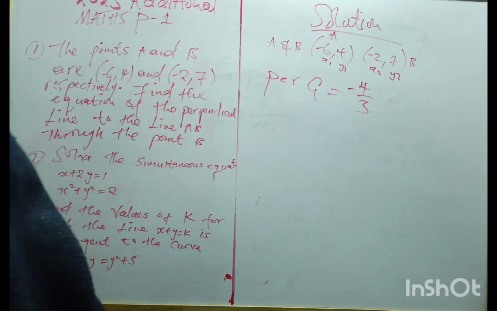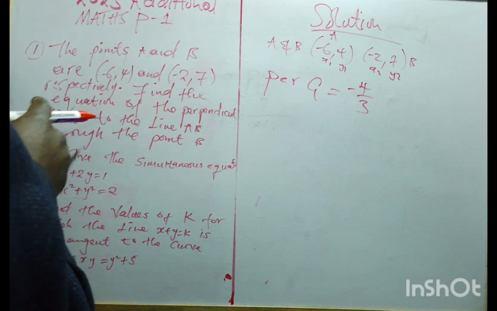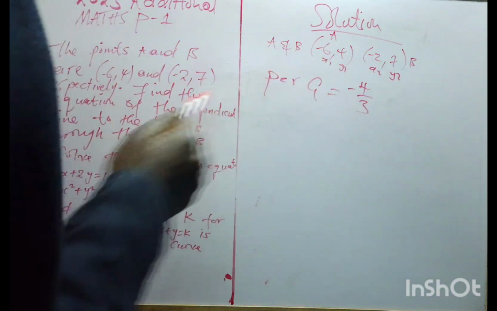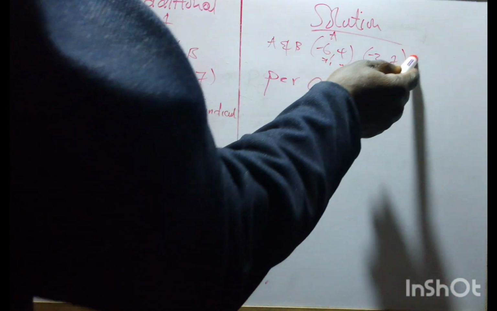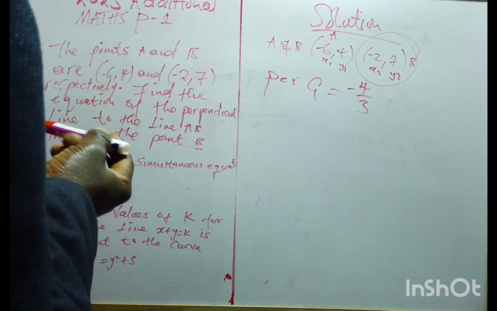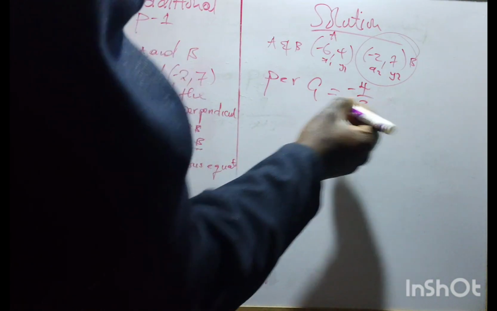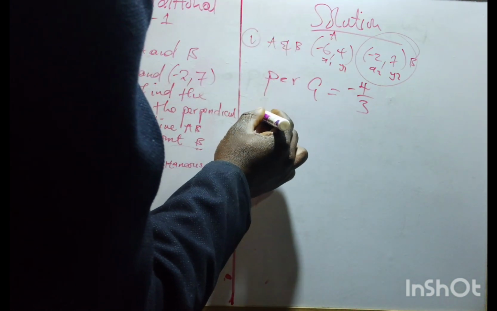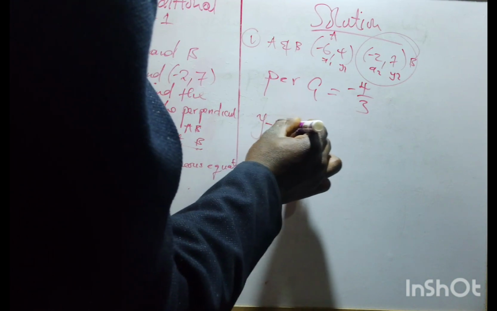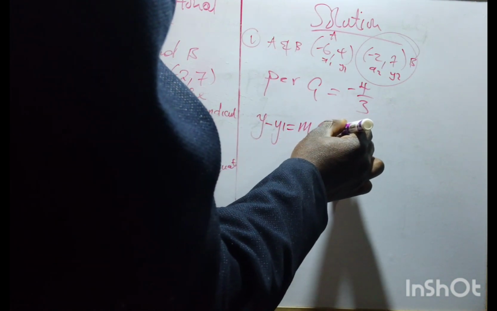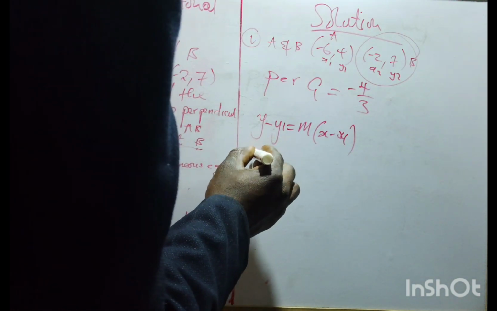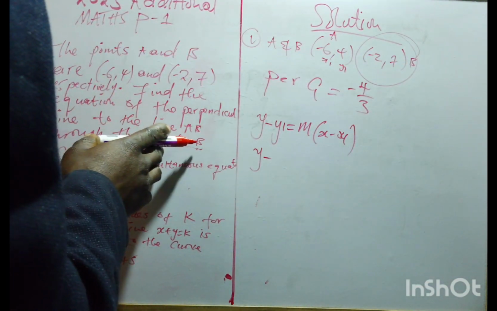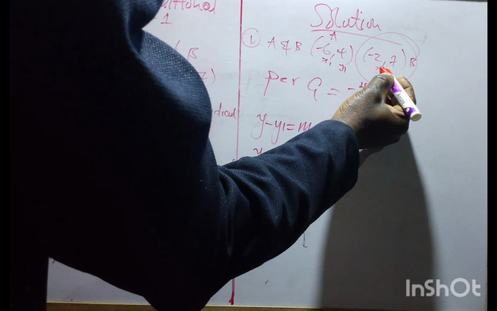So now we can find the equation. It says the equation of the perpendicular line to the line AB through the point B, so we have to use this coordinate here because it is passing through point B. Since we have found the gradient, we can use this formula, y minus y1 equals m open bracket x minus x1 close bracket, in which y minus, then because this equation is passing through point B, we use this point for x1 and y1.